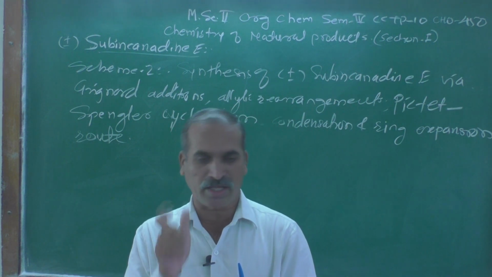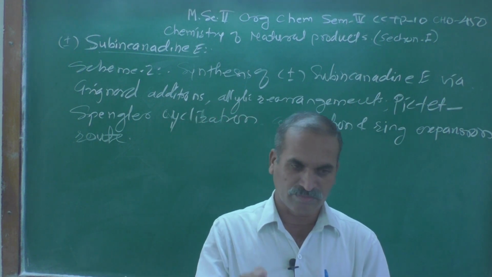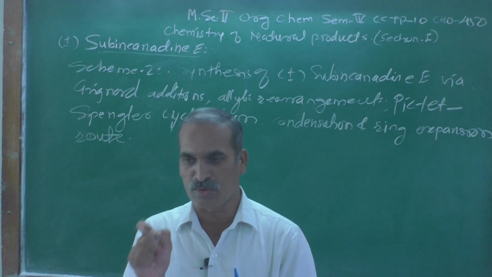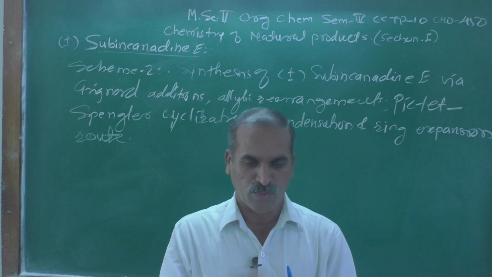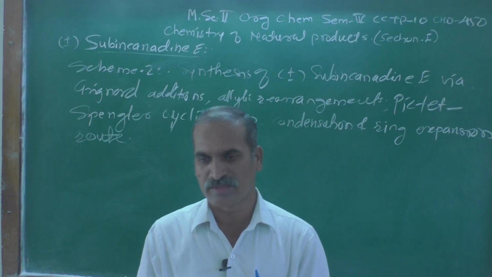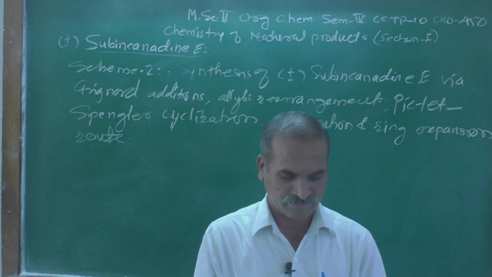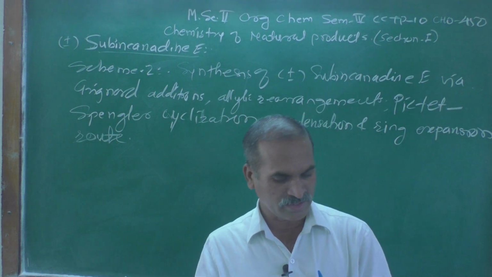Maleimide is the precursor we are going to use while synthesizing Sabine Canadian E during these lectures.